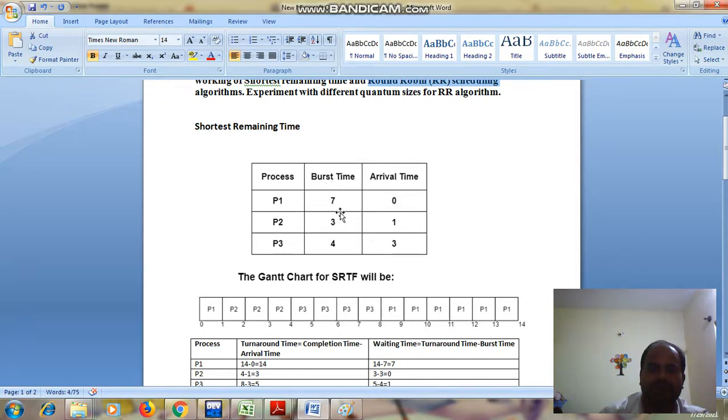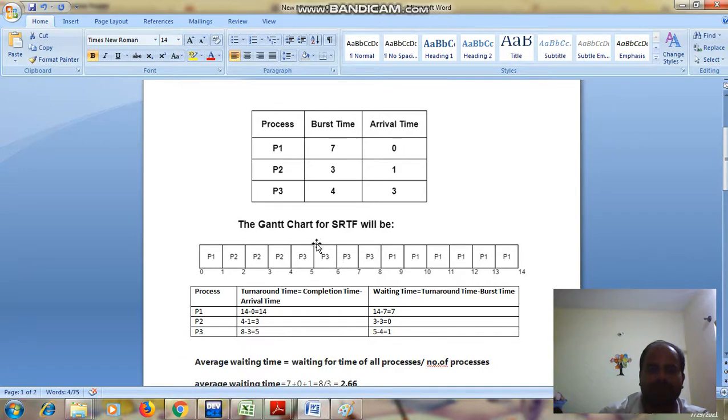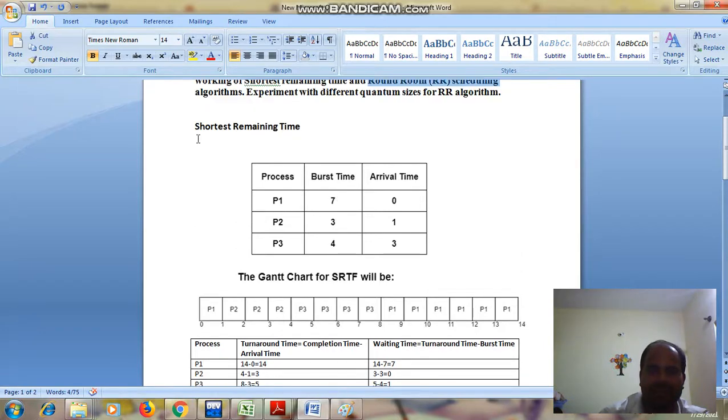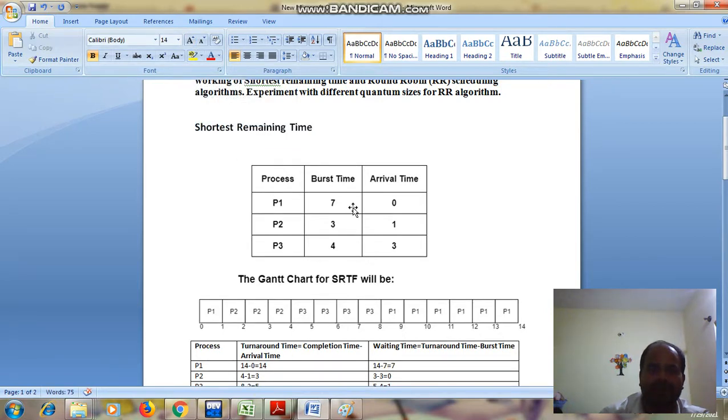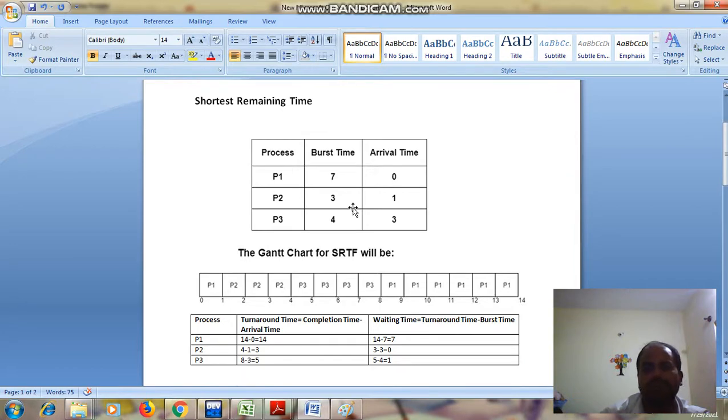Now the Gantt chart for SRTF will be as follows. Let us see how the processes execute on the resource. In shortest remaining time, the process which has the lowest burst time, which will use the resource for the shortest time, is allocated the resource first. At time 0, P1 is in the queue, but P2 and P3 are not.